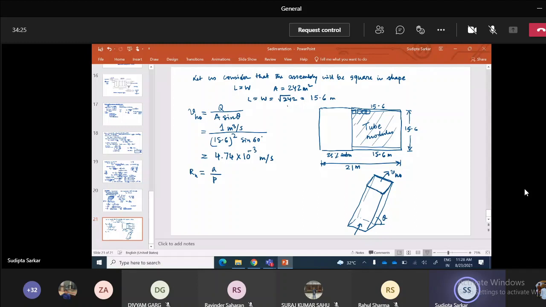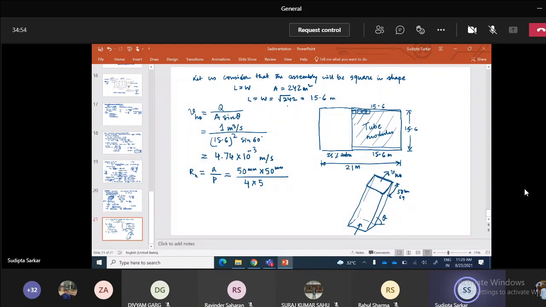The flow area is 50 mm by 50 mm, right? Each of these tubes has 50 mm at the sides. So you have 50 mm by 50 mm divided by 4 sides being wetted, so 4 into 50 mm.